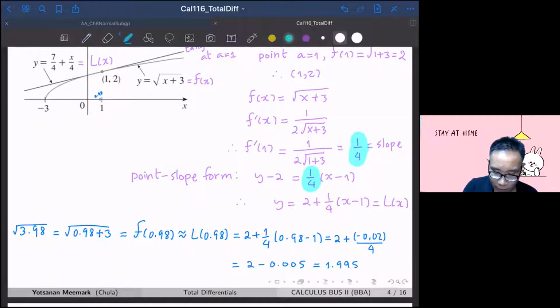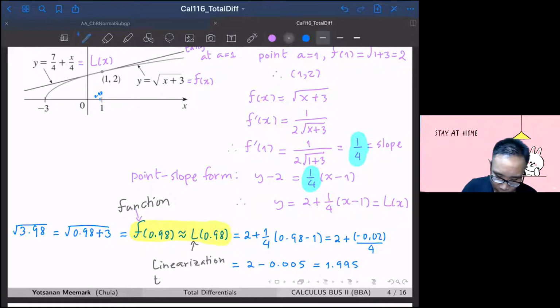So this is the approximation that we mentioned with the yellow color. This one is the value of the function. And this one is called the linearization, or it's equivalent to the tangent line.